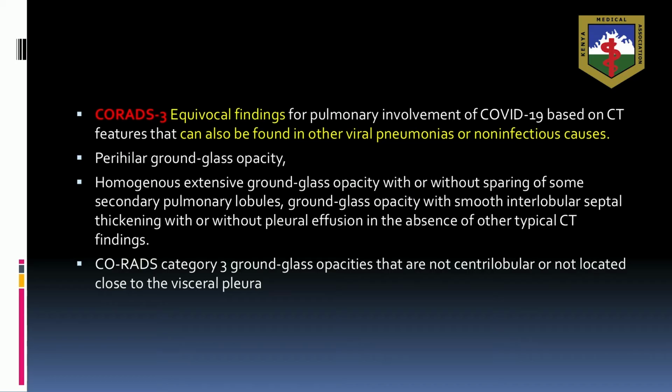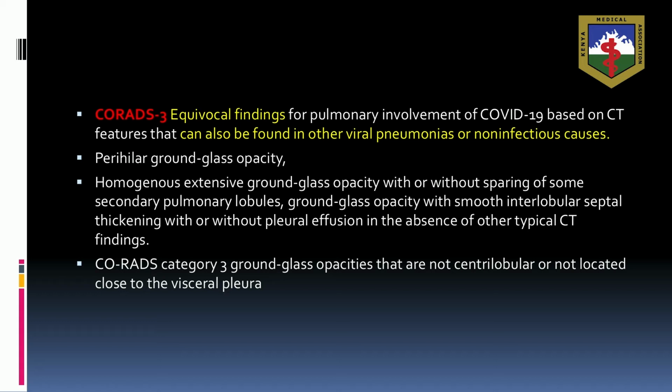In CORADS 3, these are equivocal findings for pulmonary involvement, based on features that can also be found in viral pneumonias. Remember, the first differential diagnosis for COVID-19 is actually other viral pneumonias. Cardiogenic edema is another cause. In this case, you're seeing features that can also be seen amongst the other diseases. So you have perihilar ground glass opacities, homogeneous extensive ground glass opacities with or without sparing of some secondary pulmonary lobules.